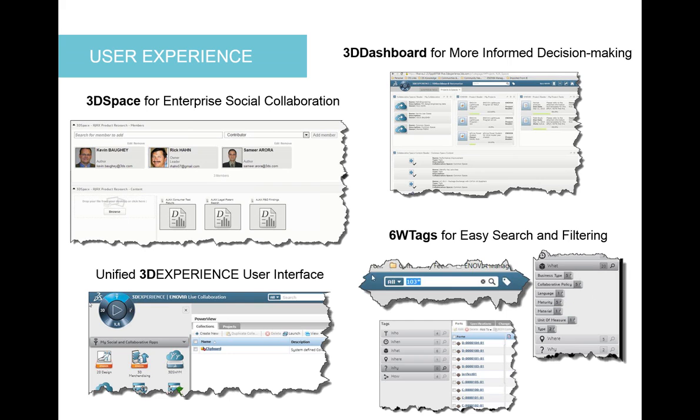Another thing that is available in all these is the full integration now of the Exalead search engine, searching in metadata and documents and presenting your search results using the 6W tags. So who, when, what, where, why, and how.